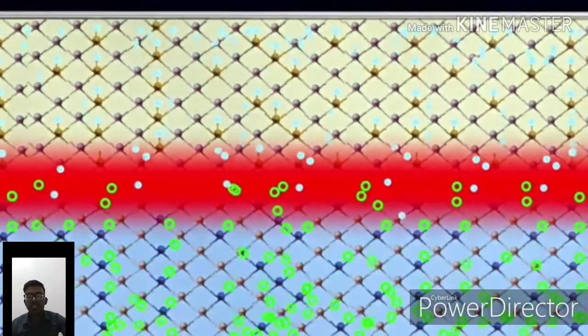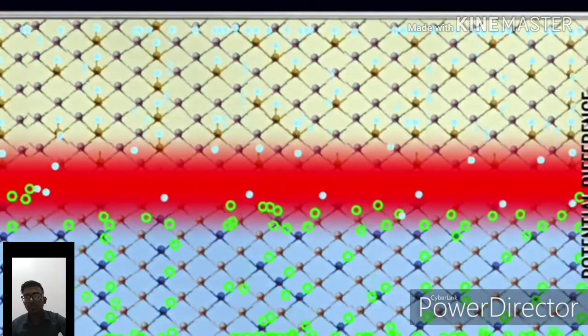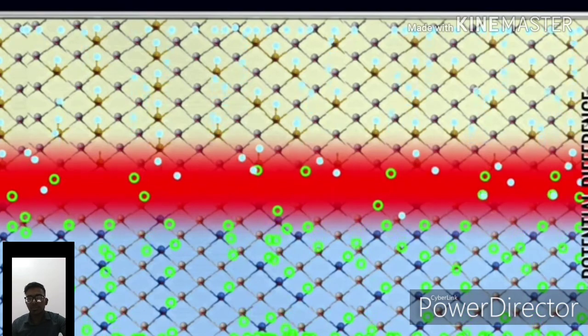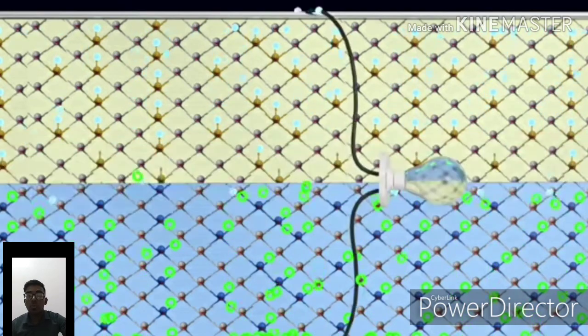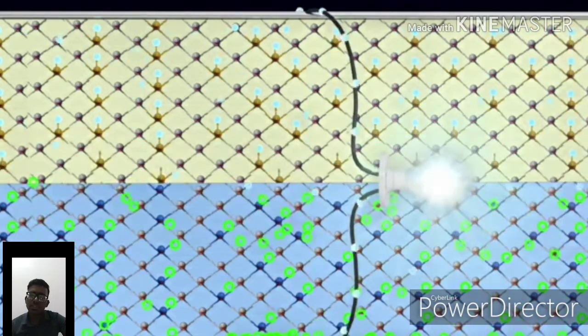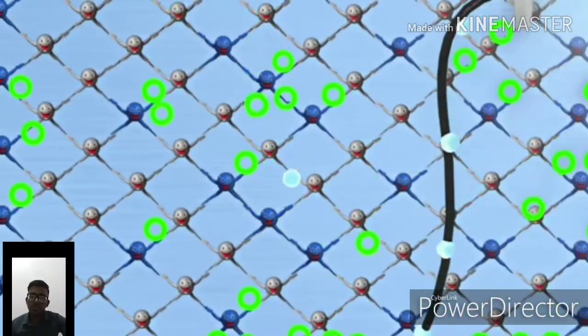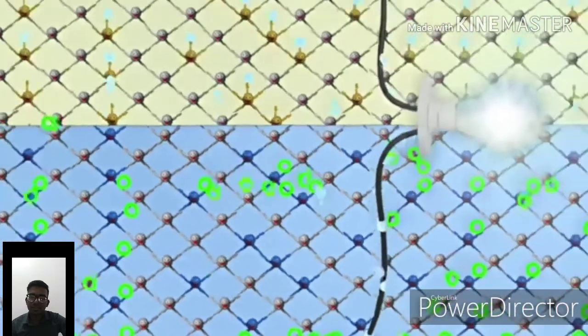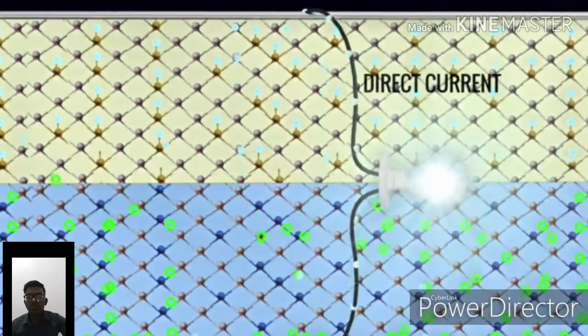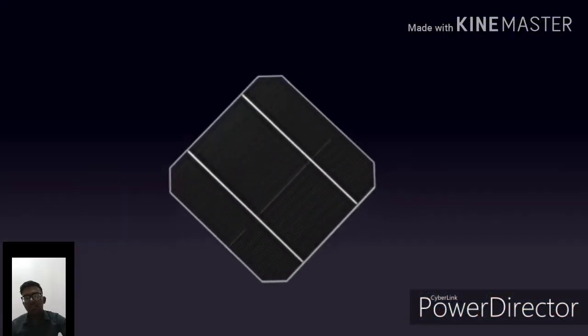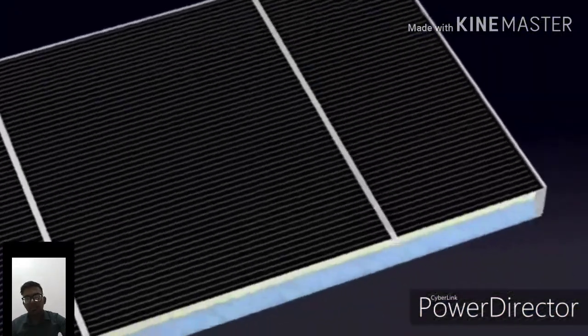From there the p-n junction is formed. So this is a unidirectional current flow, and it makes electrical current flow. And the video shows the direct current produced by the panel.